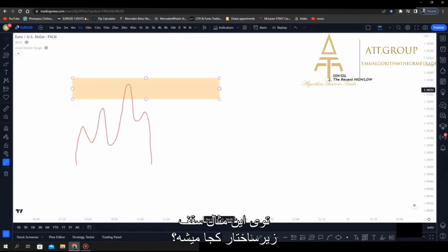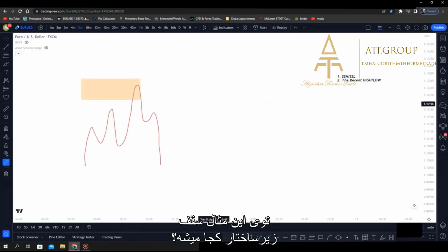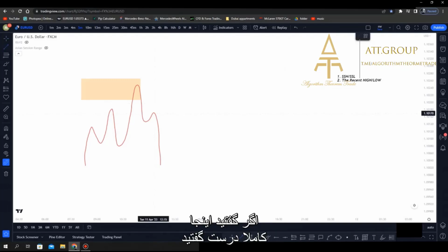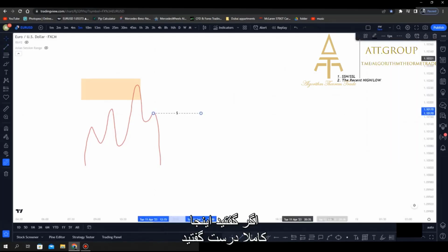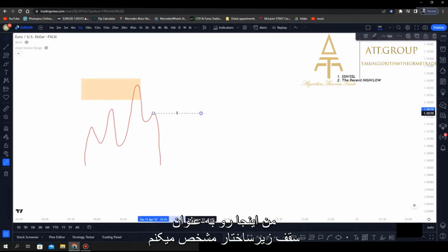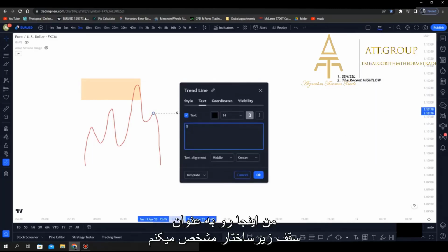So where is the substructure high in this case? If you said right here, you are correct.